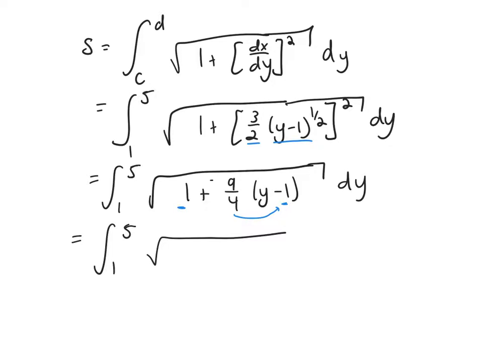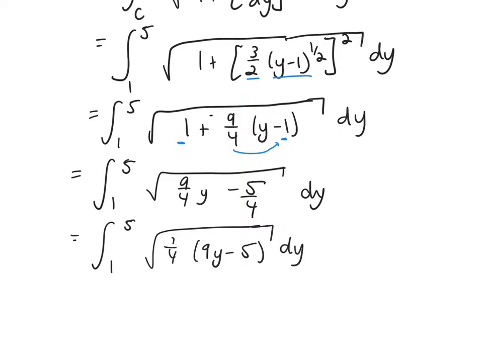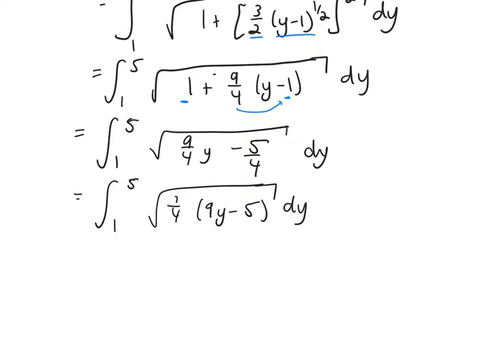So it's the square root of 9/4 y minus 5/4. Let's go ahead and pull out a 1/4. If we take the square root of 1/4, we get 1/2, and I'll pull it out to the front. Square root of 9y minus 5 dy.